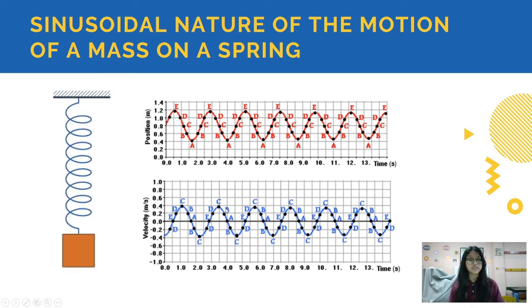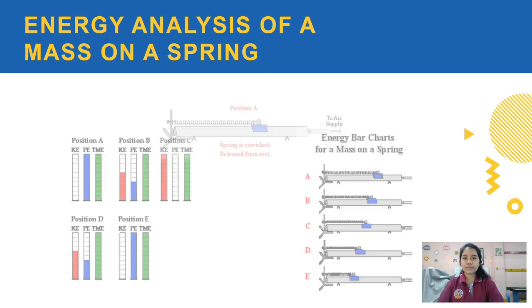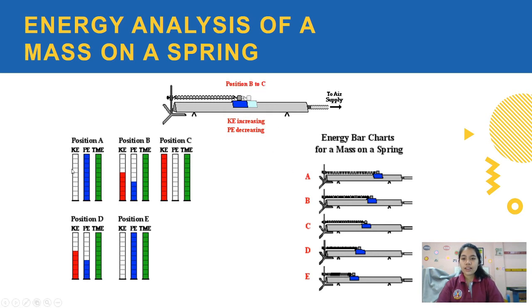Energy analysis of a mass on a spring. Here, the mass on the spring moves from A, B to C. The kinetic energy is increased and the potential energy is decreased, so the total mechanical energy remains constant.